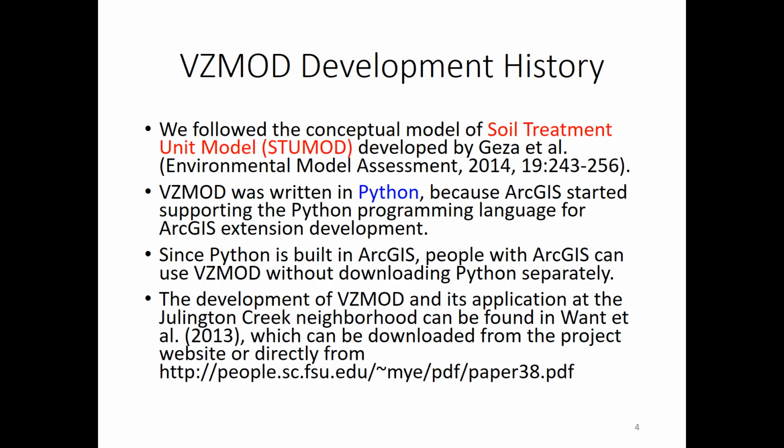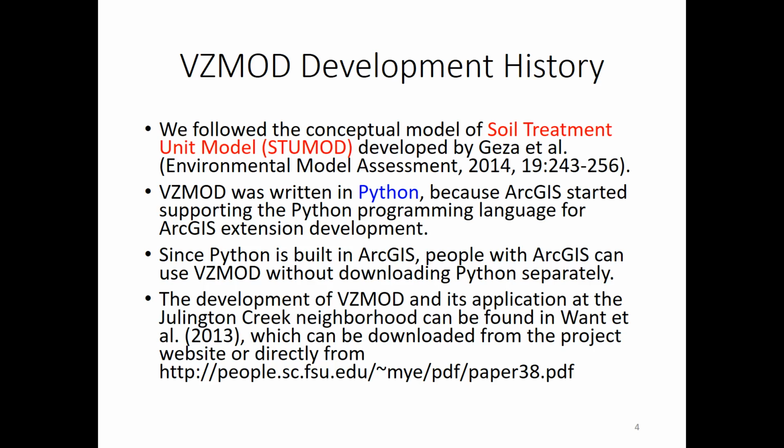VZMOD was written in Python because at the time of the development, about 2012, 2013, ArcGIS started supporting the Python programming language for ArcGIS extension development. Python is a programming language, and it's free software.